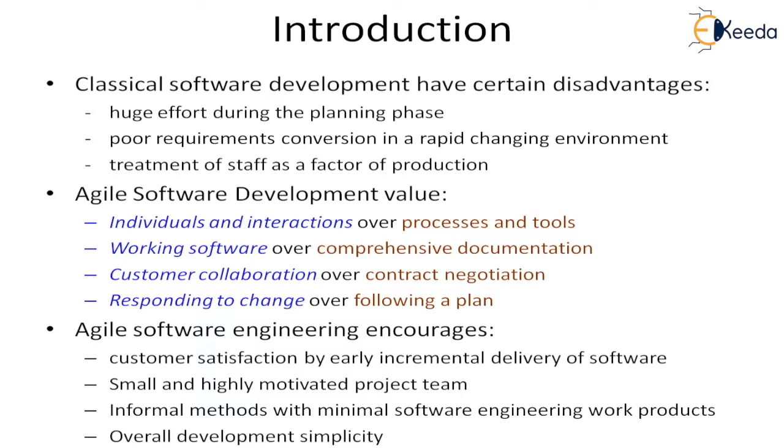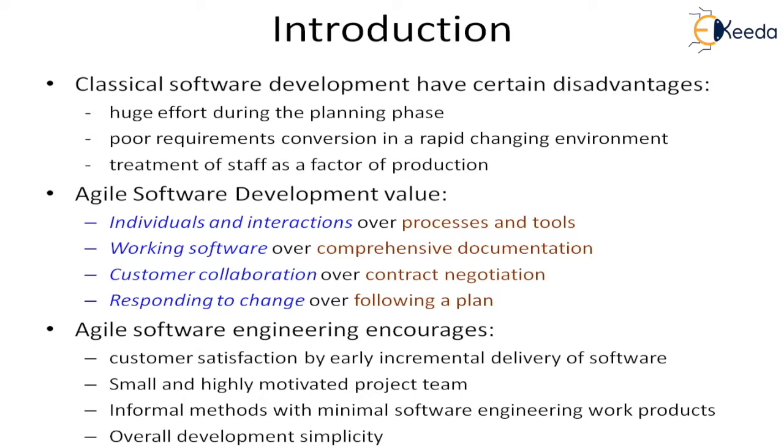For example, there is a huge effort during the planning phase, because even in the spiral or the evolutionary or incremental method, we have to keep planning for the full project. And the requirements convergence is very poor if the environment is rapidly changing, so it is not able to take a lot of change into the development process.